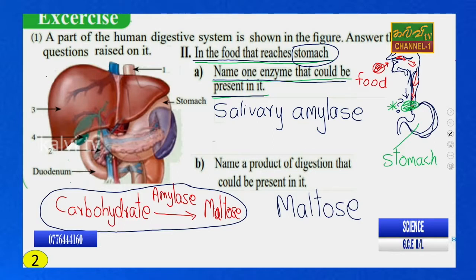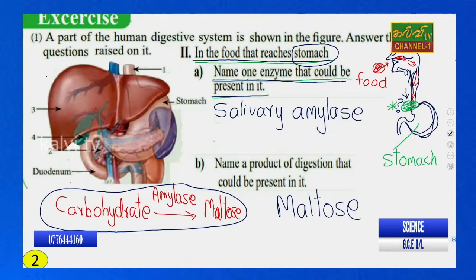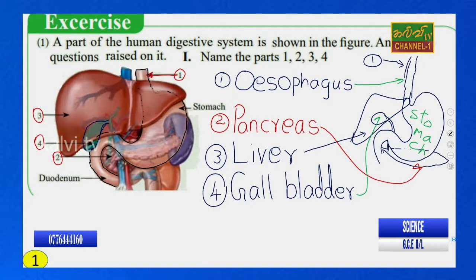See the diagram. Number 2 indicates the pancreas. So that is a kind of gland. There are 2 glands involved in the digestive system, which are the liver and pancreas.